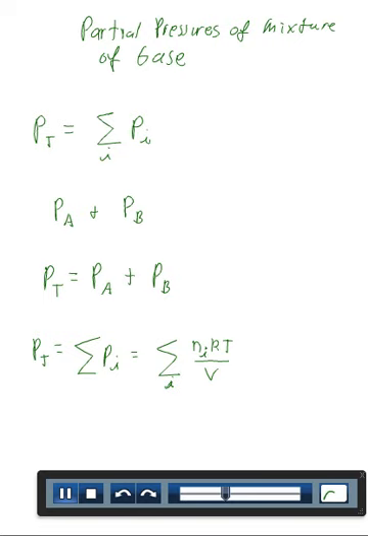So we sum over the number of moles of the gas, and so we can say pressure total is RT over V times the summation over the number of moles of each gas.